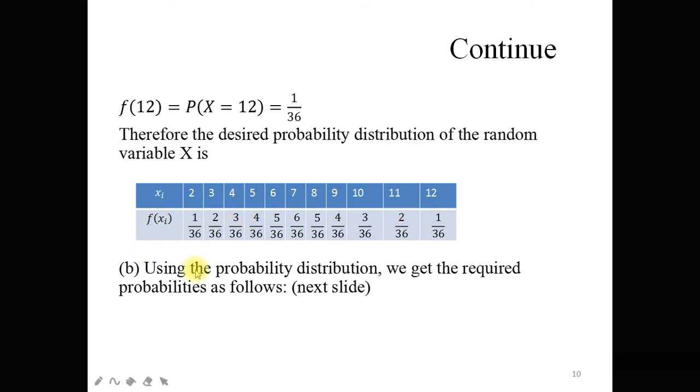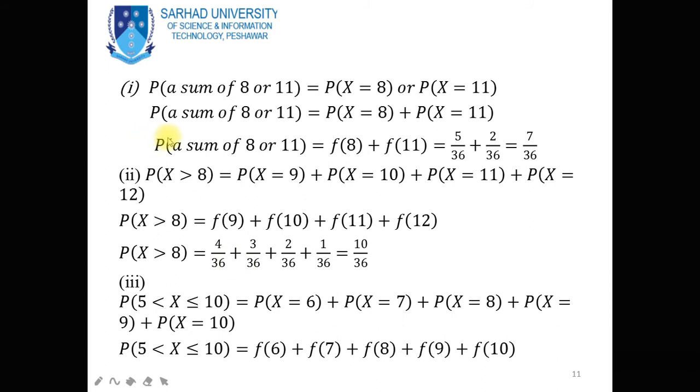Now, for another description using the probability distribution, we get the required probabilities as follows. You see over here, a sum of 8 or 11. This is our another description when the sum of darts is 8 or 11. So X is equal to 8 or X is equal to 11.